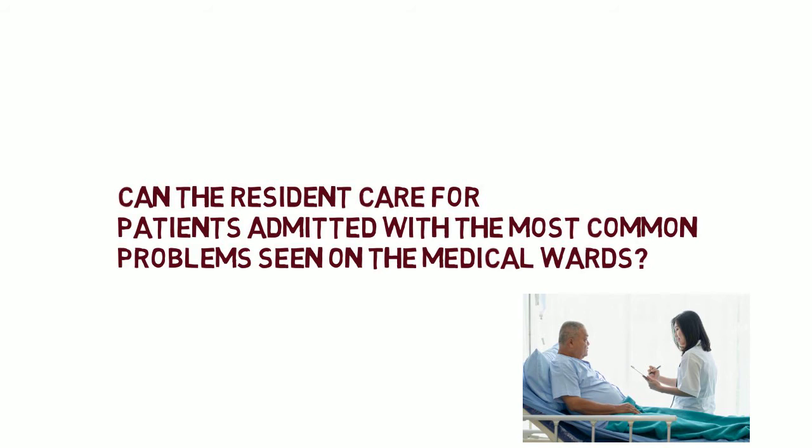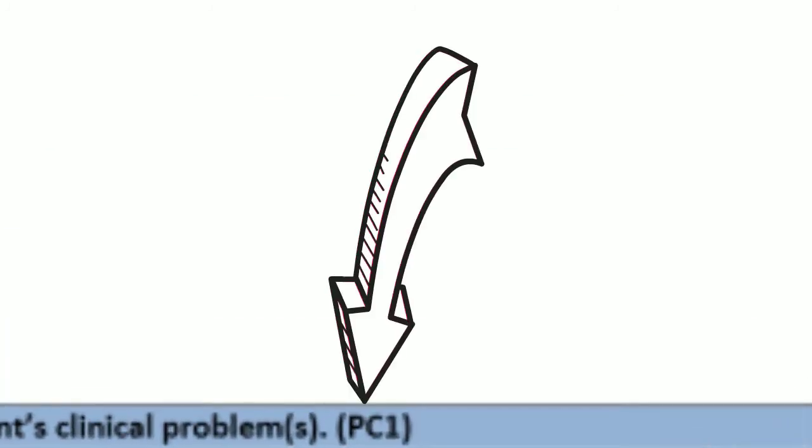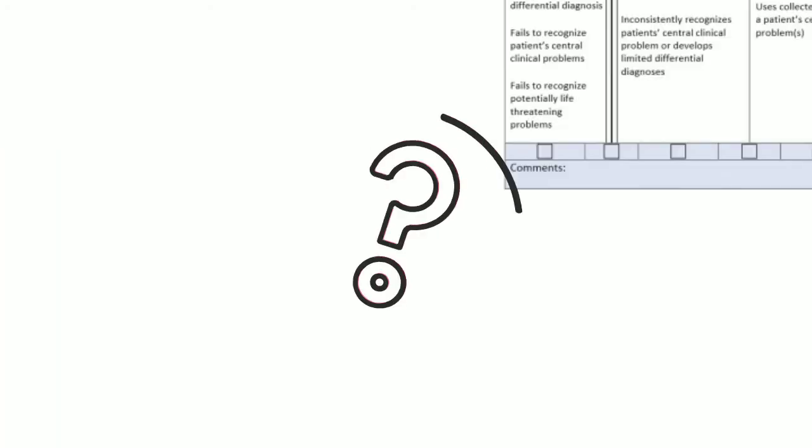This question is tied to the ACGME subcompetency Patient Care 1 or PC1. And this single question will give a small piece of information about how the resident is performing in this aspect of patient care. Multiple questions from multiple rotations will provide data points to give a picture of whether the resident is on track for each sub-competency.